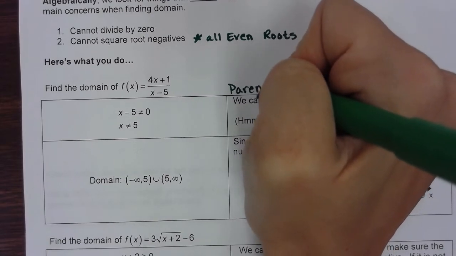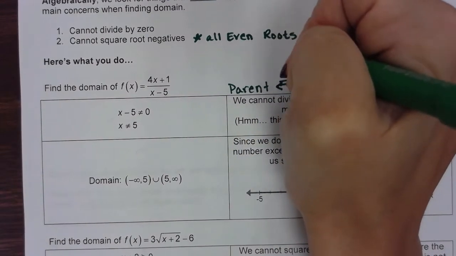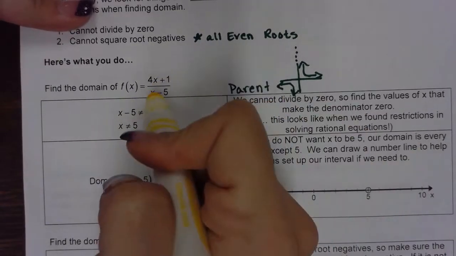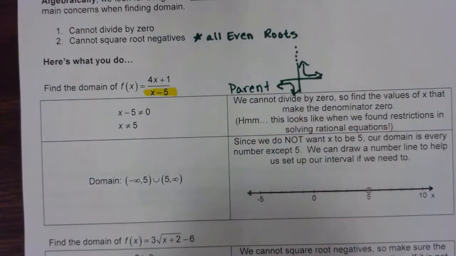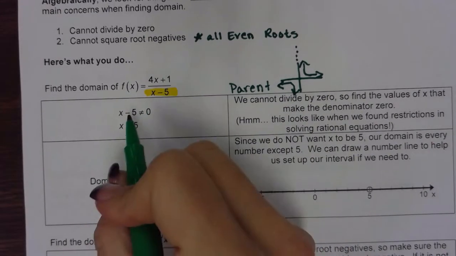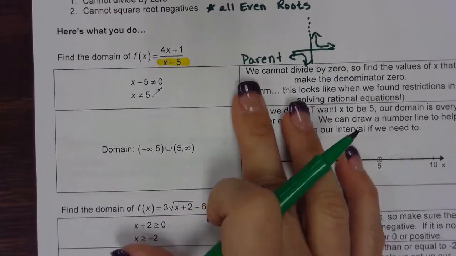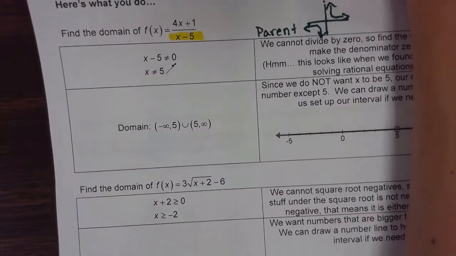So the idea is that there's an asymptote at 0. This is why for functions that look like this, the rational, we need to make sure that the denominator does not equal 0.